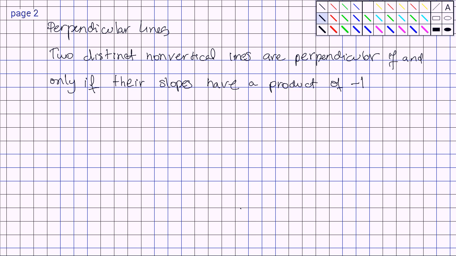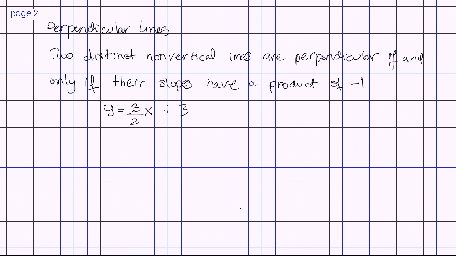Let's work with the equation that we had before. In the previous equation we had y equals 3/2 x plus 3. Now, instead of an equation that is parallel, we want to find an equation that is perpendicular to the line.